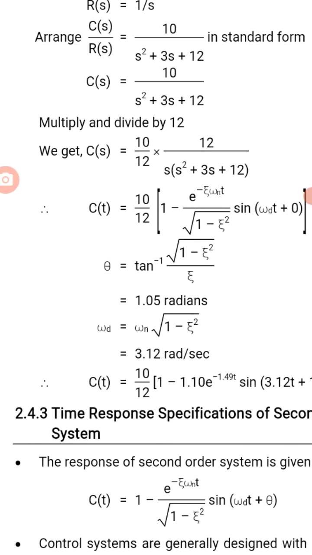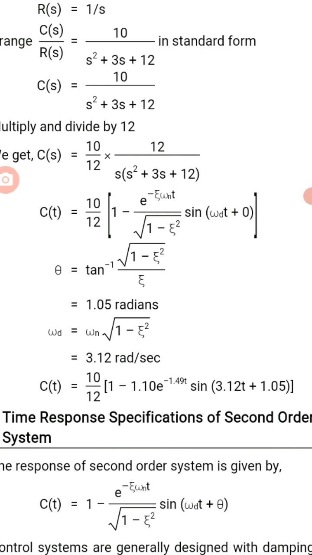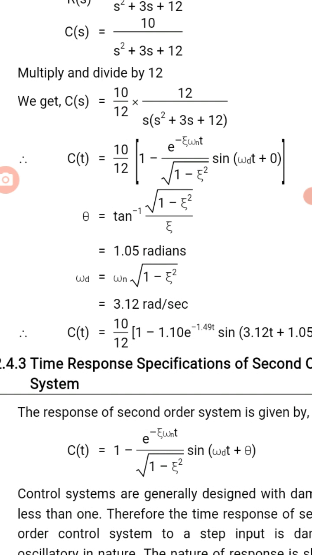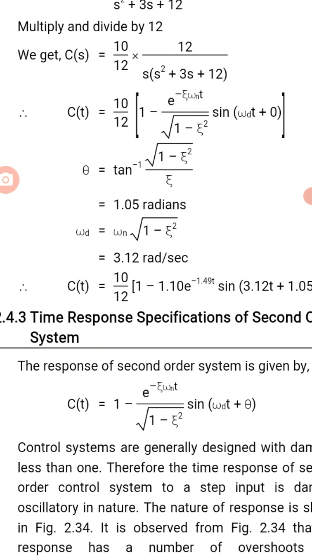So C of t is equal to 10 by 12 into bracket 1 minus e raised to minus zeta omega n into t upon square root of 1 minus zeta square, sine omega d t plus theta. Theta is equal to tan inverse square root of 1 minus zeta square upon zeta, which is equal to 1.05 radians. Omega d is equal to omega n into square root of 1 minus zeta square, which is equal to 3.12 radians per second.